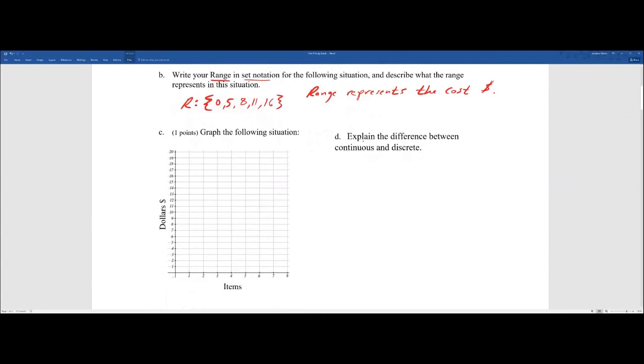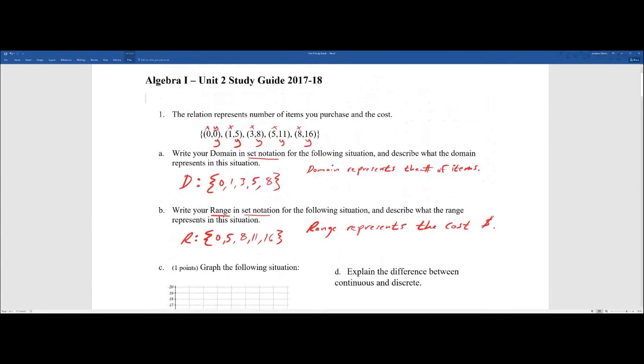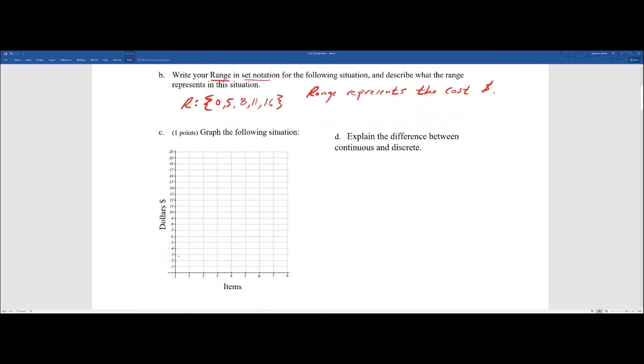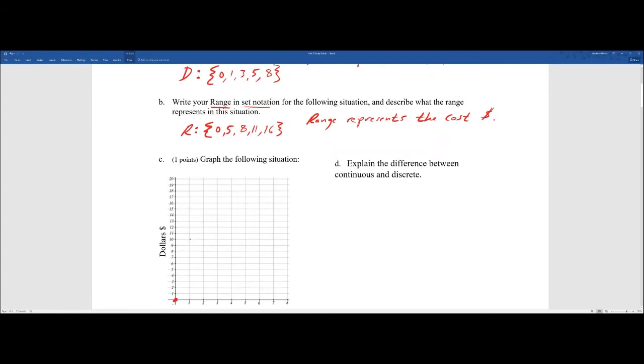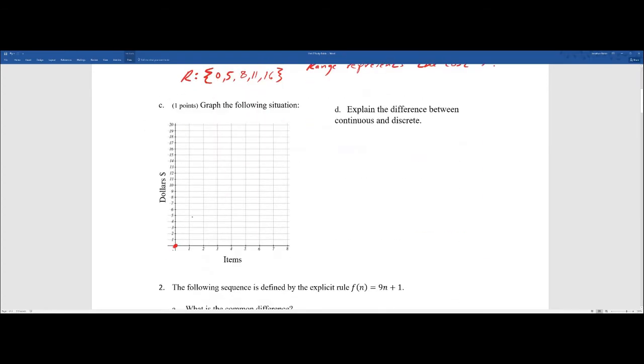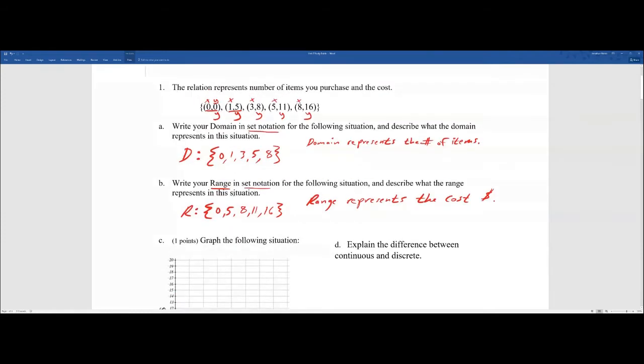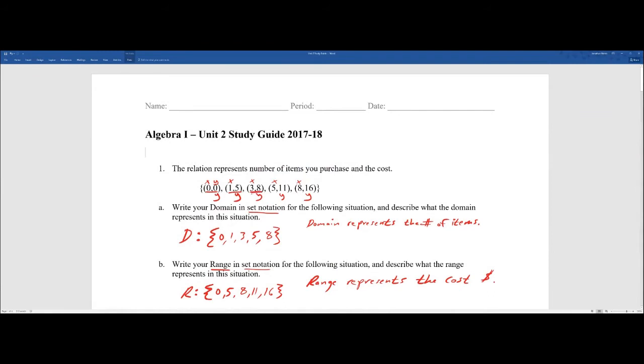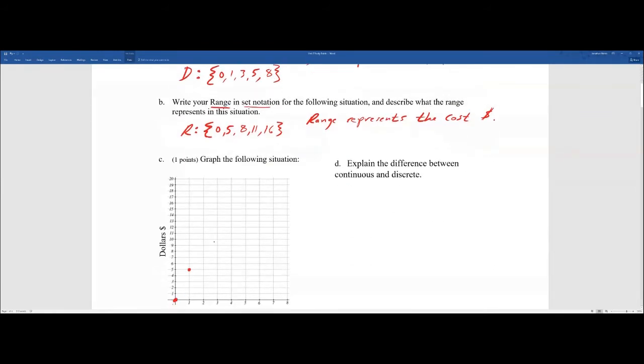Now, if we were to graph the following situation, first things first, our first ordered pair is 0, comma 0. So we're going to plot that 0, comma 0. Our next ordered pair is 1, comma 5. So we're going to go to 1, comma 5. Our third ordered pair was 3, comma 8.